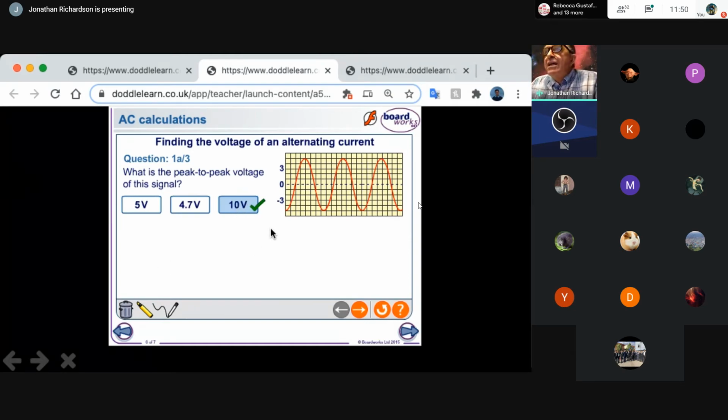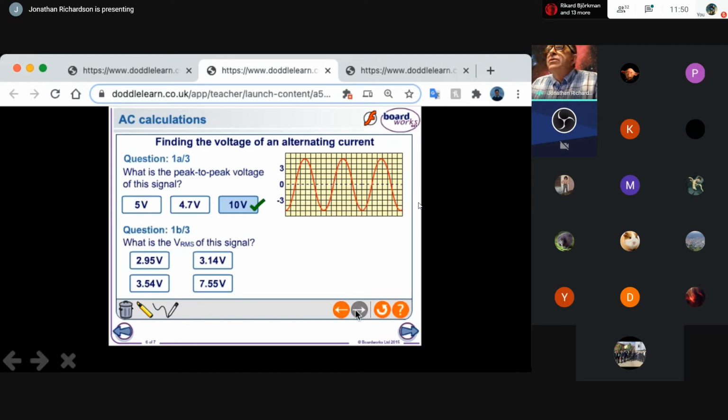Now for the second part, I'd like you to now work out the RMS value of this signal. Remember, formula VRMS equals V peak divided by square root of 2.